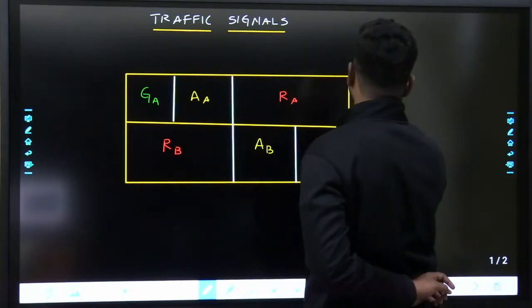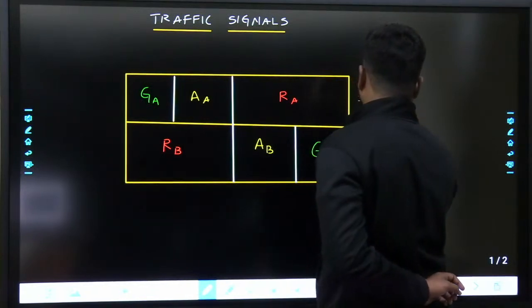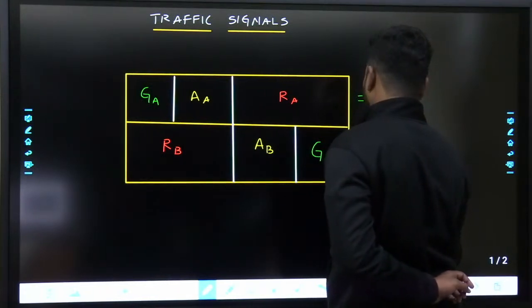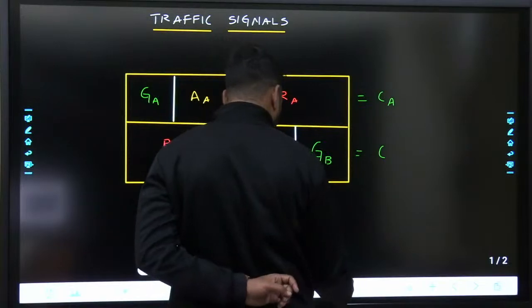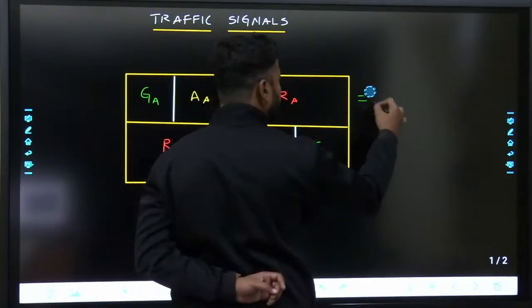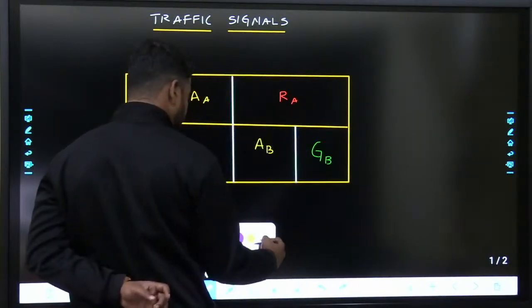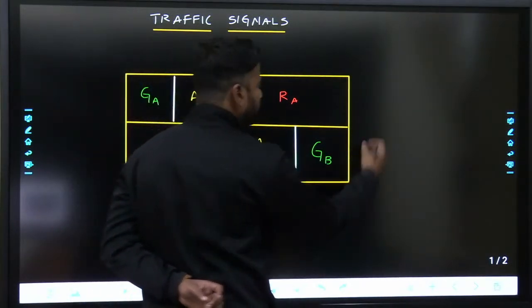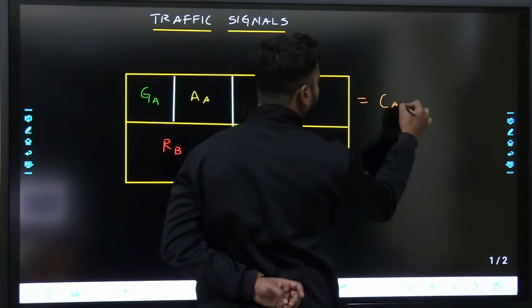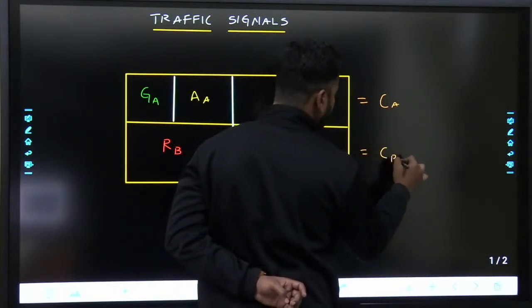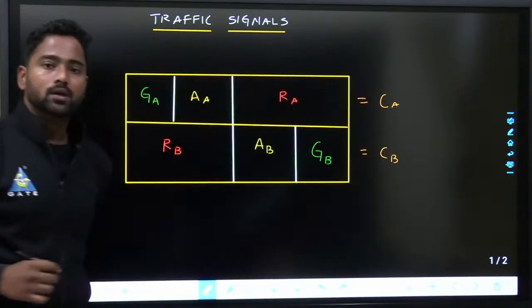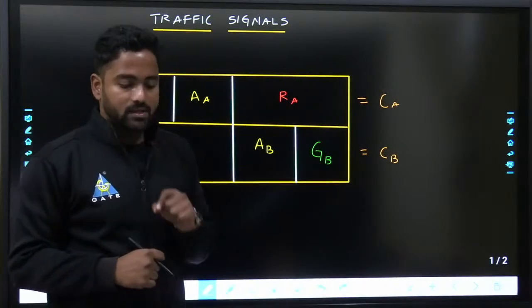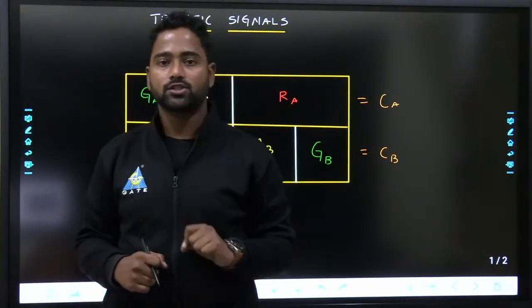If I am talking about a two-phase signal system, then this whole thing is called one cycle. This is the cycle length of A, this is the cycle length of B. So let us say you are going in a certain direction.